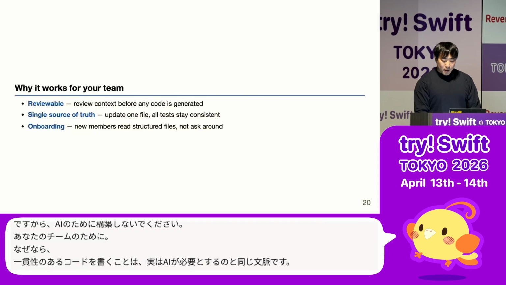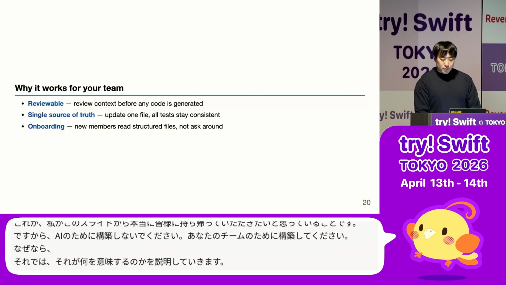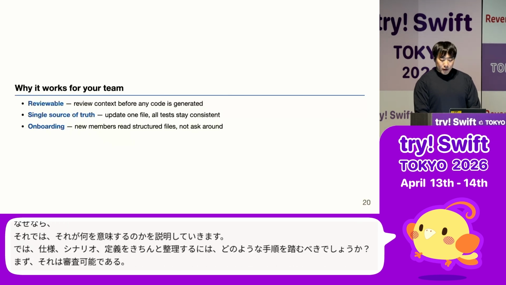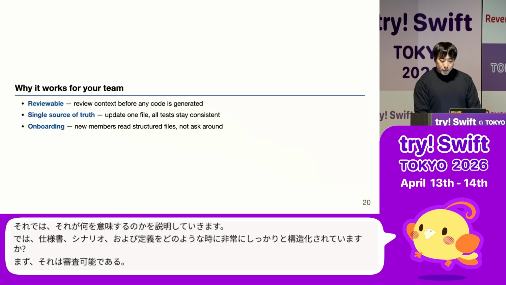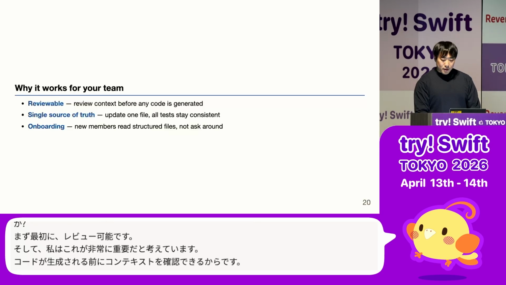So I'm going to explain what it means. When you structure your specs, scenarios, and definitions very well, first, it is reviewable. And I think this is very important, because you can review the context before any code is generated. The IR files, scenarios, definitions, templates, everything, they're just files.